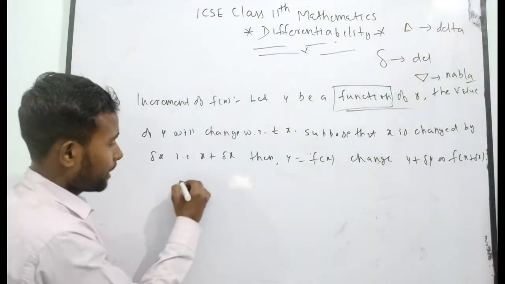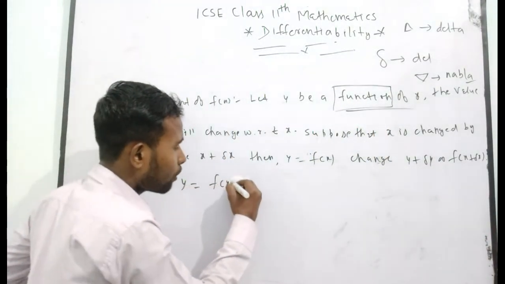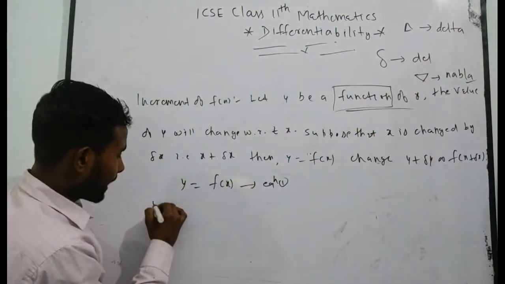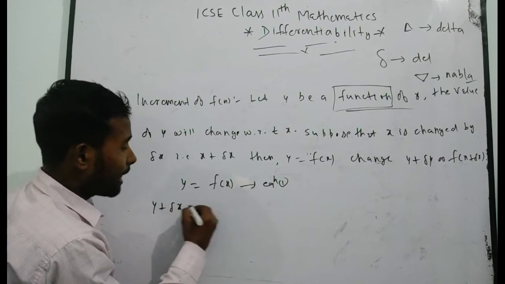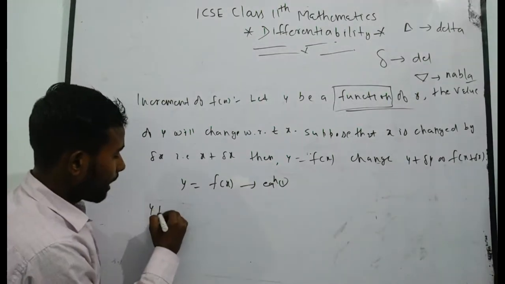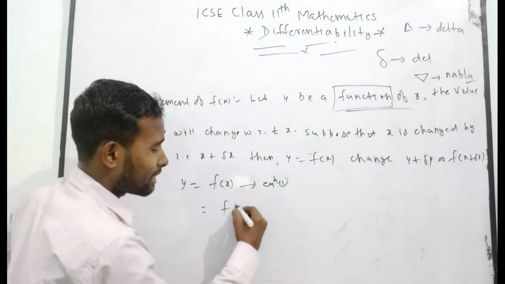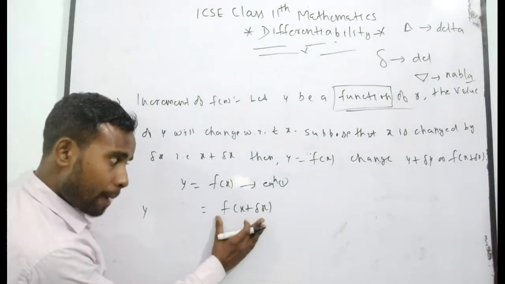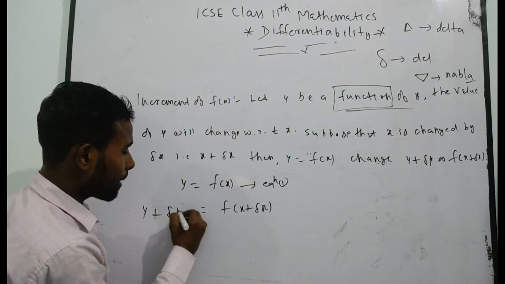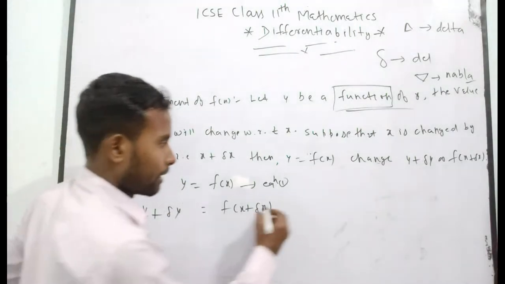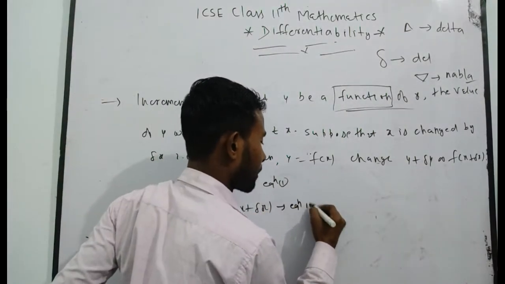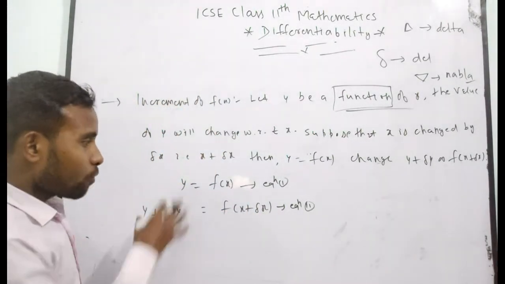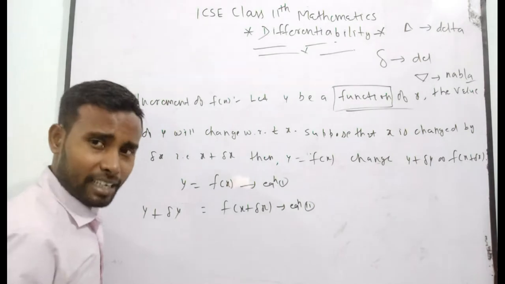That means in the first case we get y is equal to f(x), and in the second case, if x is changed by del x, then the value f(x plus del x) is also changed by del y. Here it is equation second. Now I want to take the difference of equation second and equation first.